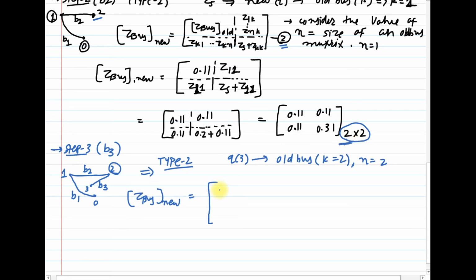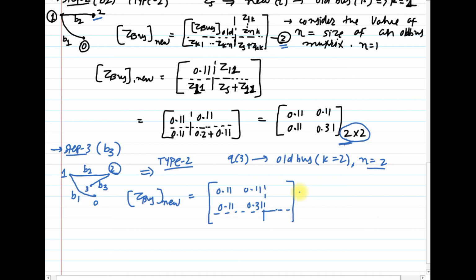So I simply consider 0.11, 0.11, again, and 0.31, and the rest of the elements of the Z bus matrix. So here I will write Z1k, Z2k up to Znk.